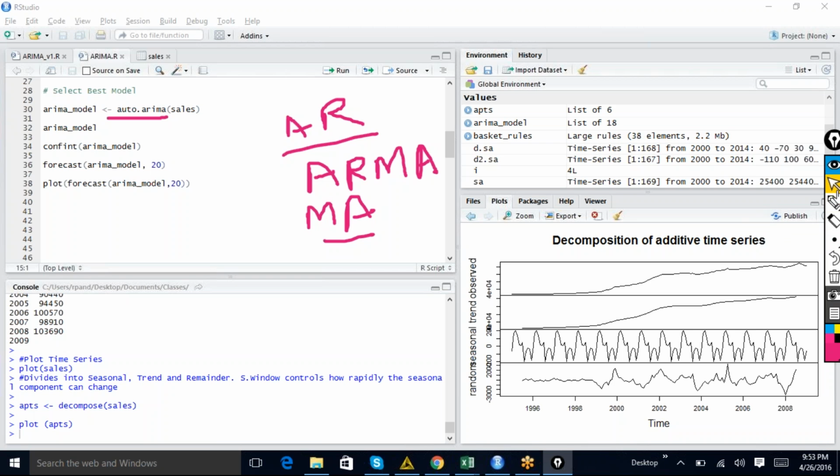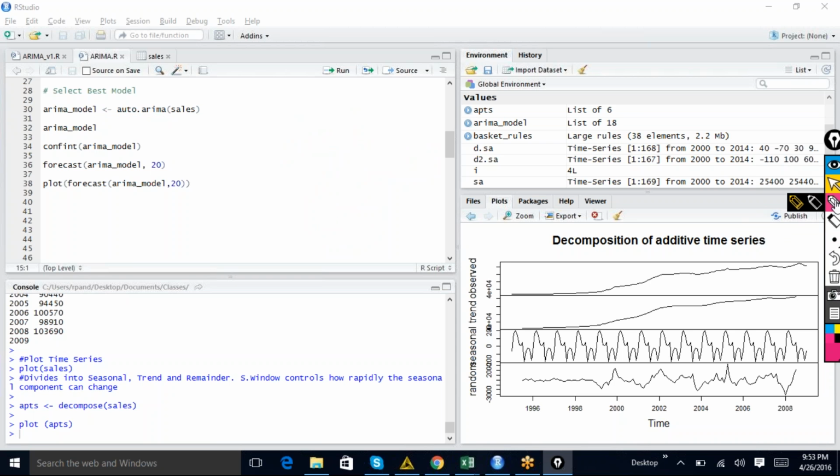But forget about all of that. You just use a function called auto.arima and specify the data on which you want to build the forecasting, and it will automatically fit the best model for you. You don't have to struggle through what the AR, what the MA, and so on is. You can just fit the auto arima model.